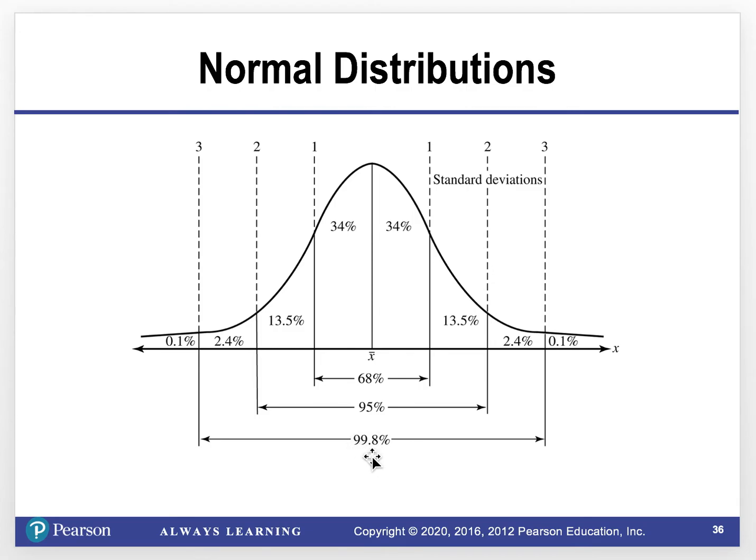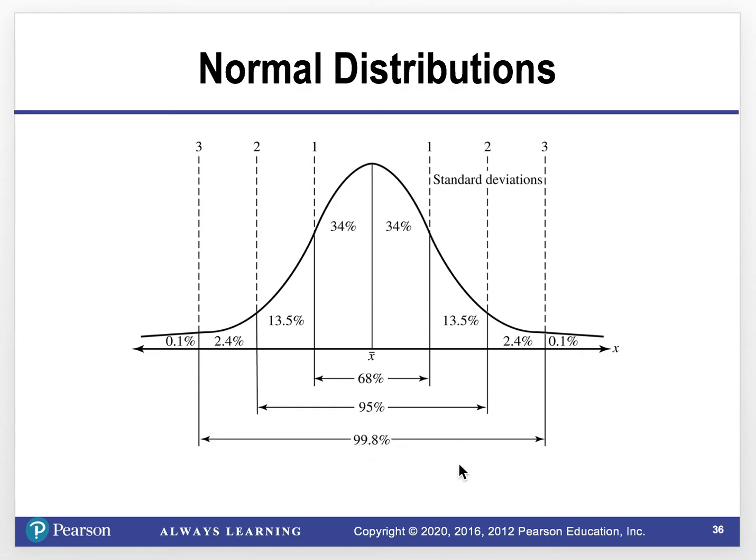Typically that's 99.7. I guess they're trying to make your math a little easier, but I thought this new version of the book actually put 99.7. So pay attention on your homework to see if they use 99.8 or 99.7.